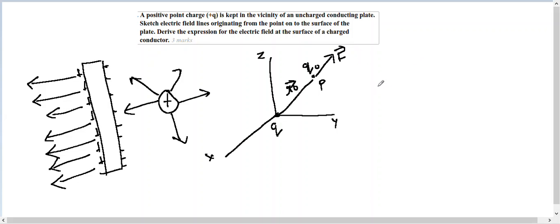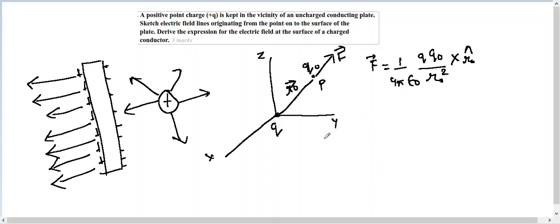According to Coulomb's law, force on the test charge Q naught due to the charge Q is given by F, which is equal to 1 upon 4 pi epsilon naught, Q Q naught by R naught square, into R naught cap, that is the unit vector. So R naught cap here is the unit vector along OP.